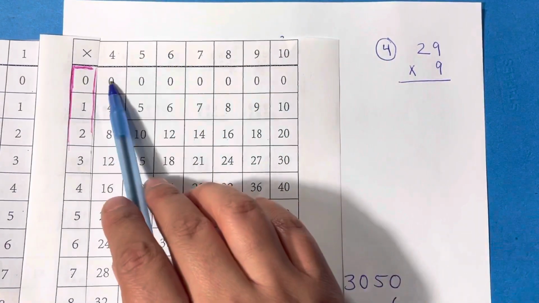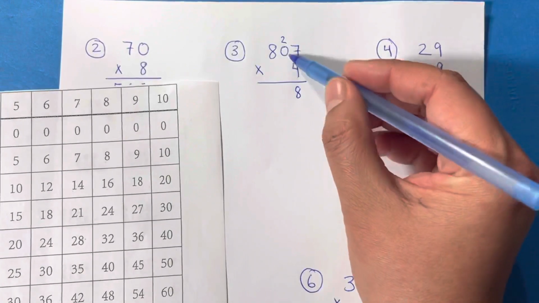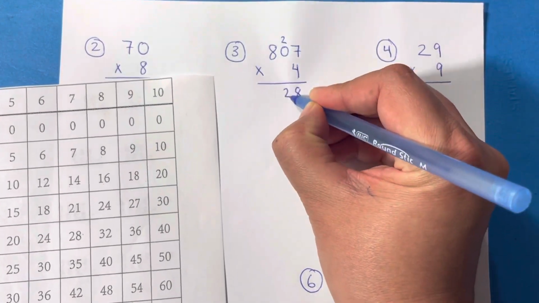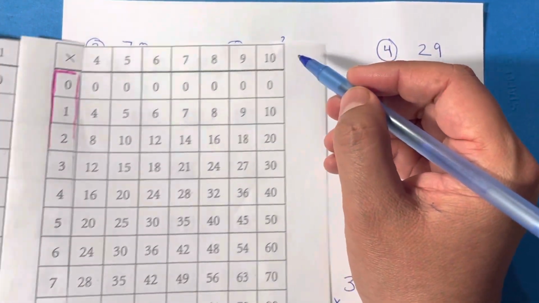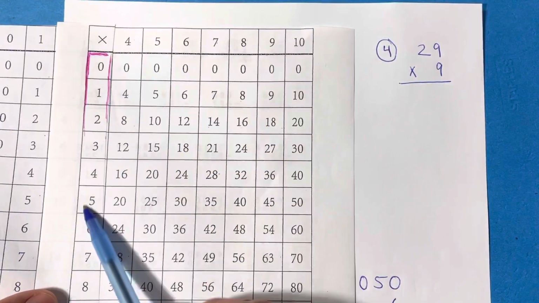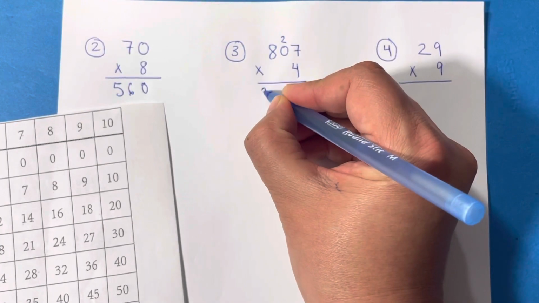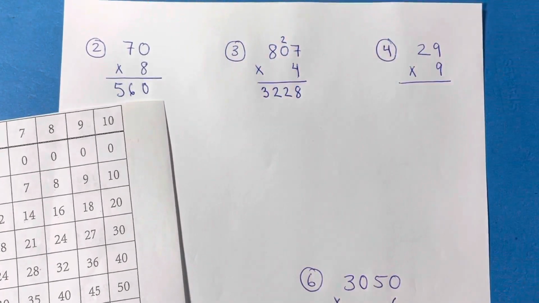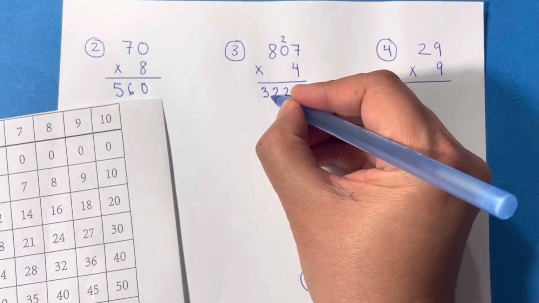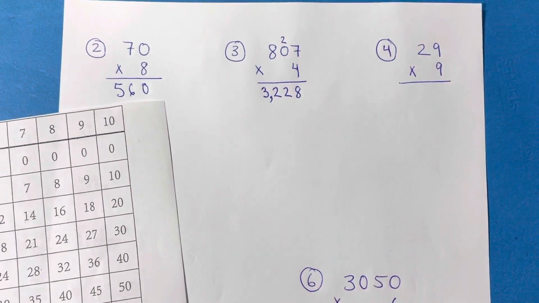Anything times 0 is 0, as you can see. So 4 times 0 is 0, plus 2 more. We write down the 2. 4 times 8 is 32. And since we don't have anything else, we just write 3,228. Put the comma right after the thousands.